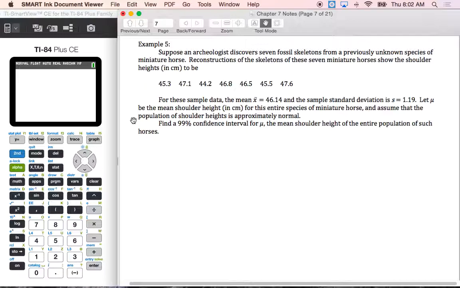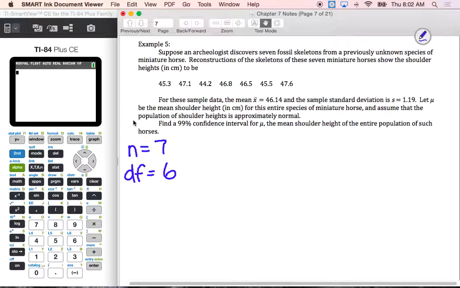So going through this, we need to know a couple things. In order to find our E, we have to know what our n is. They're telling us there are 7 horses. We have to know our degrees of freedom, and that has to be 6 because it's 1 less than that 7. So you need to go to your table then. We want 99%. So you're trying to find in the row that has a 6 for degrees of freedom, you want 0.990 for your column to match it up.